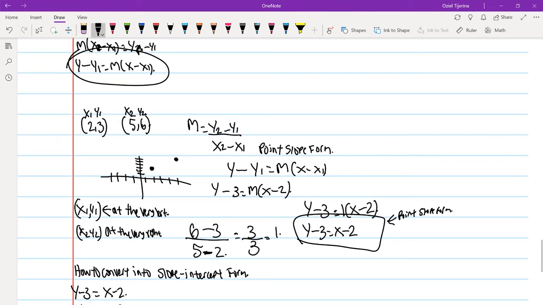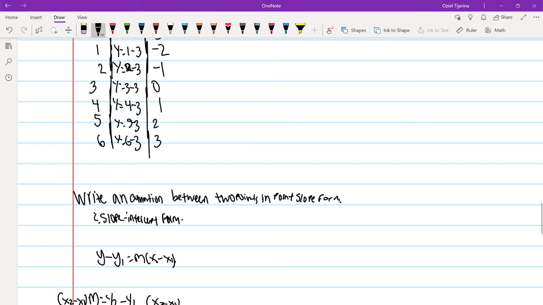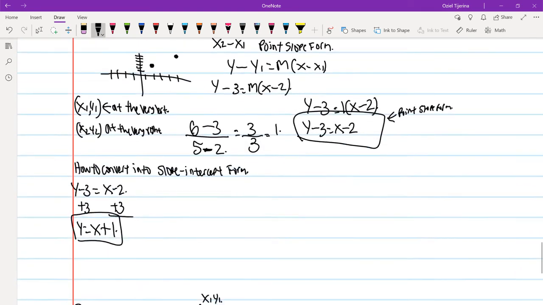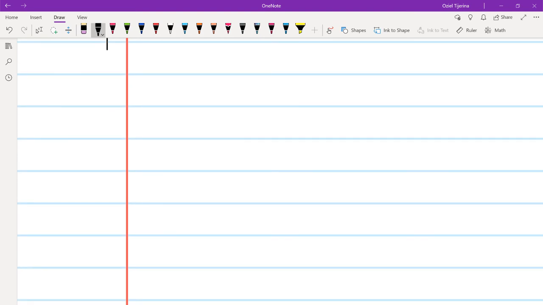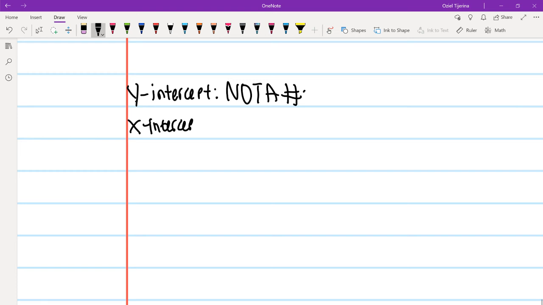And then remember that the y-intercept is not a number, and your x-intercept is not a number.